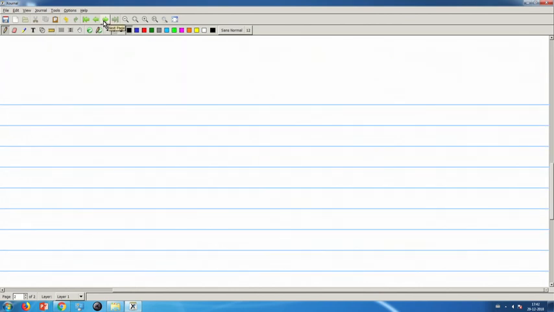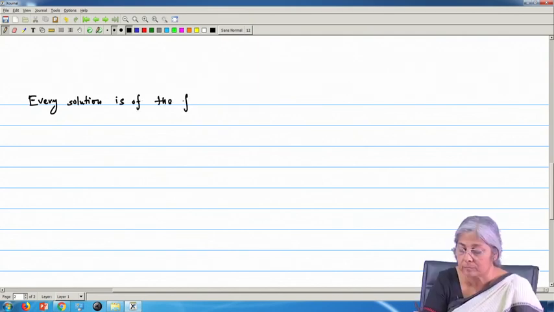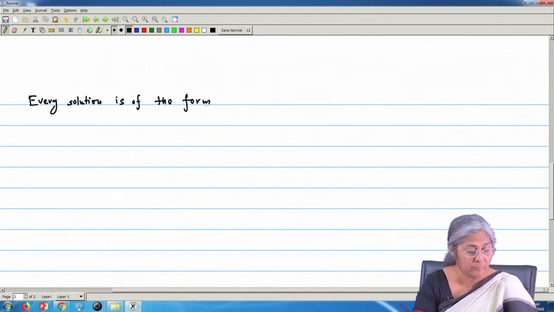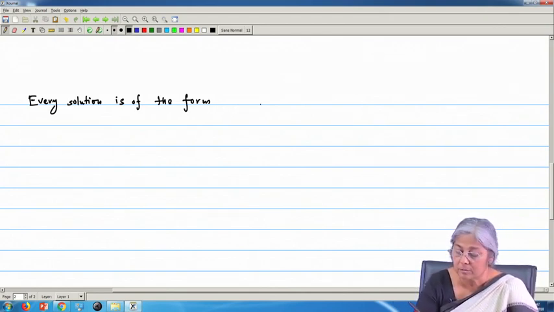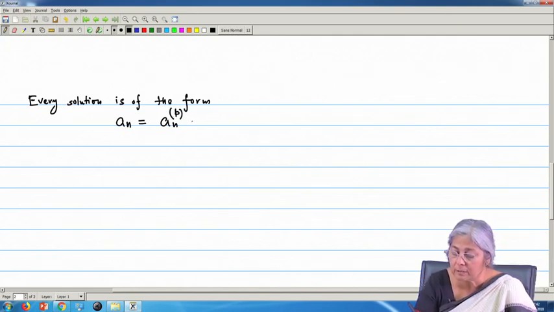So, we can write that we have the recurrence relation. So, every solution is of the form a n equal to a n p plus a n h.